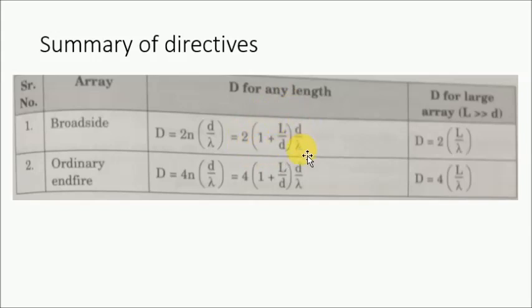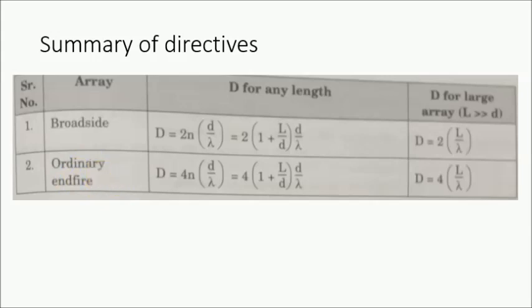Similarly, for the ordinary end fire case, not the Hansen-Woodyard case, the directivity is equal to 4nd by lambda, which is equal to 4 into the bracket 1 plus l by d into d by lambda. If the length is much greater than the spacing d, then for large arrays the directivity is simply D equal to 2 into l by lambda, or D equal to 4 into l by lambda in the case of end fire.